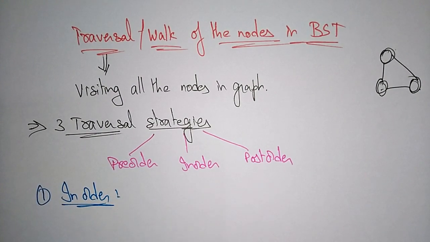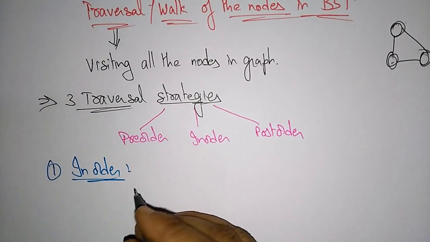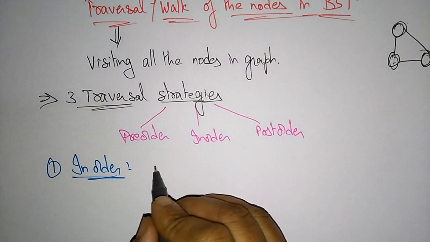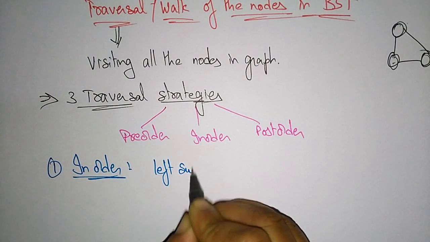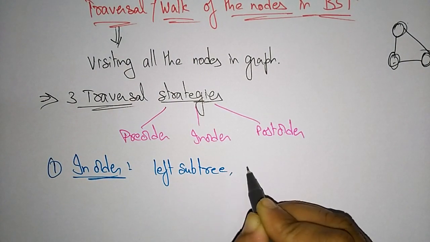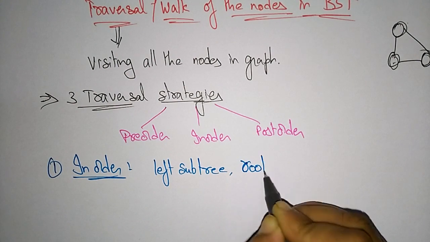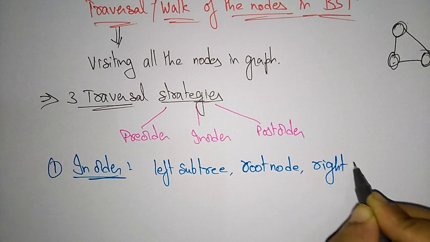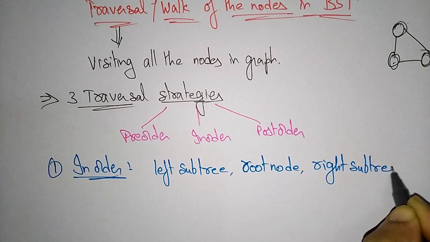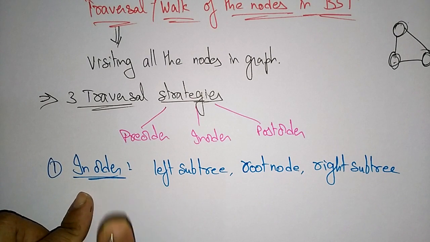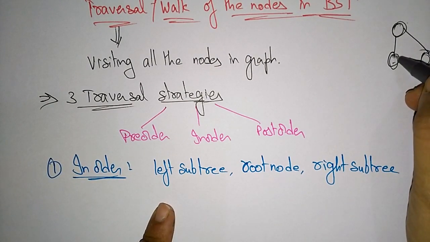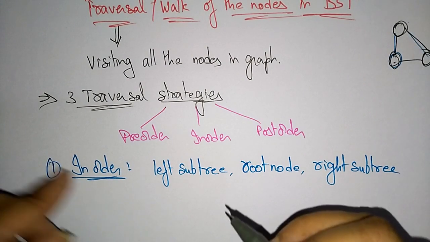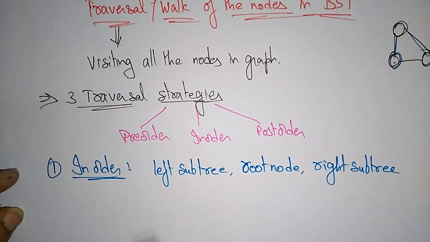In-order traversal means we visit the nodes from the first left subtree, next the root node, and next the right subtree. So the in-order condition is first we have to visit the left subtree, after that the root node, after that the right subtree.